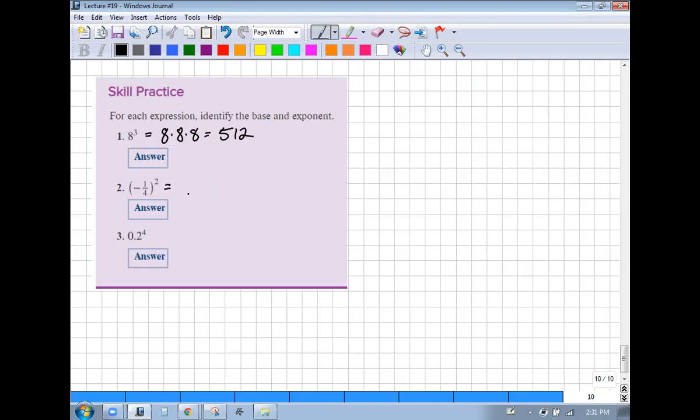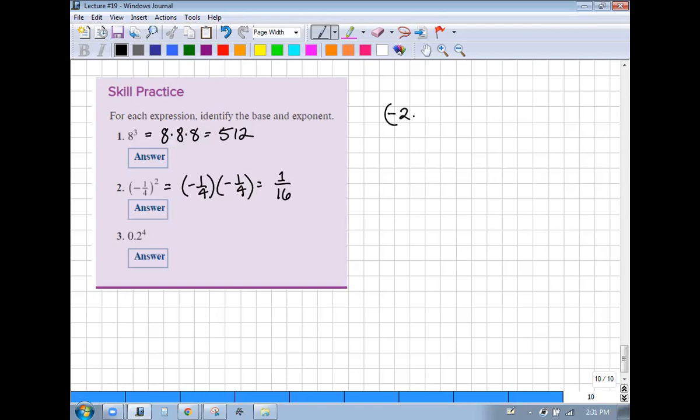Negative 1/4 squared, this is negative 1/4 times a negative 1/4. A minus times a minus is a positive. 1 times 1 is 1. 4 times 4 is 16. Now, let me show you something here.